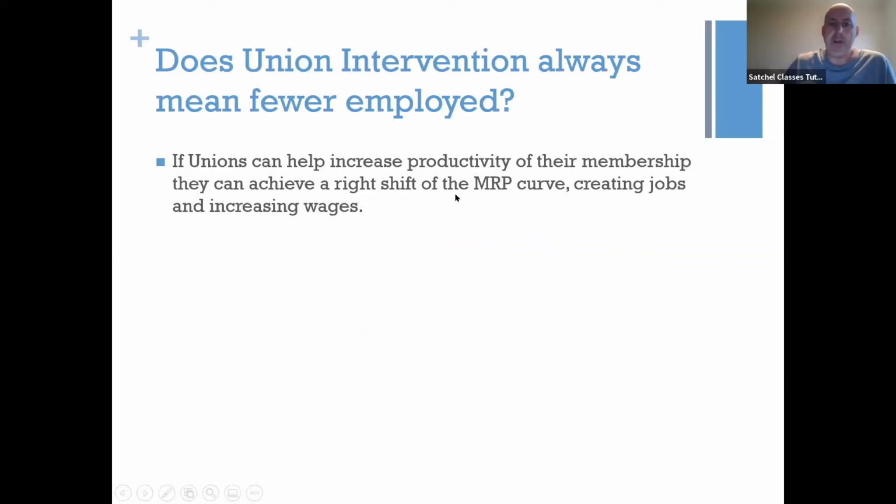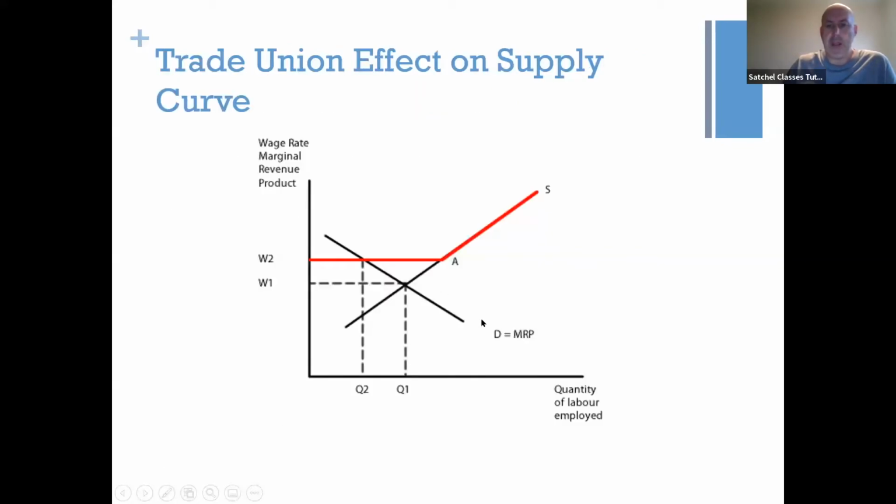If unions can help increase productivity in their membership, they can achieve a rightward shift of the MRP curve. So if we go back to our diagram on our previous slide, if we can effectively shift our MRP curve and get that crossing at that point, then we can have an increase of wages and also an increase of employment.